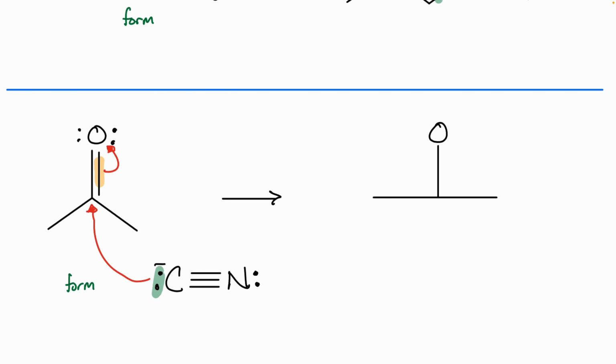Now my oxygen has an additional lone pair. So it's got that negative charge. And now we have a new carbon-carbon bond with my nitrogen at the end.